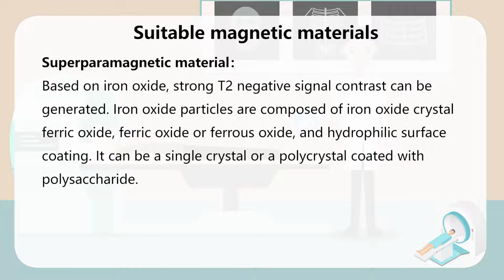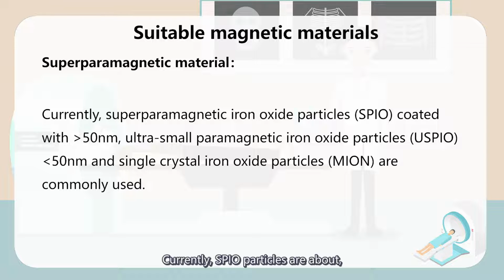So we are continuing to talk about another material. This is superparamagnetic materials represented by iron oxide. Currently, SPIO particles are about 50 nanometers. However, ultra-small superparamagnetic iron oxide particles, USPIO, are less than 5 nanometers, which are commonly used.